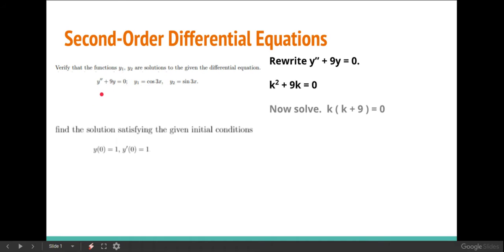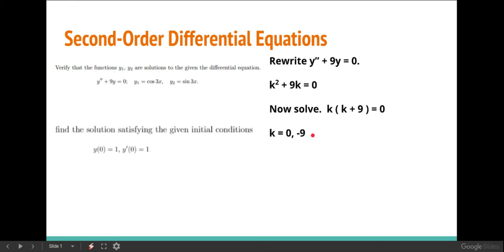Think about that. Instead of second derivative of y, now I've got k squared. You're going to think second derivative and the quadratic there. And then I've got 9 times the original function, so I've got 9 times k. Now you're solving a quadratic, so think factor first. It factors pretty easily so that we get that k is 0 and negative 9.